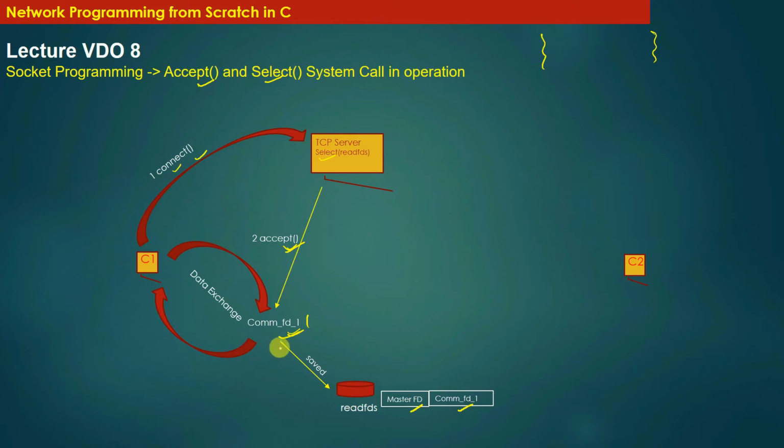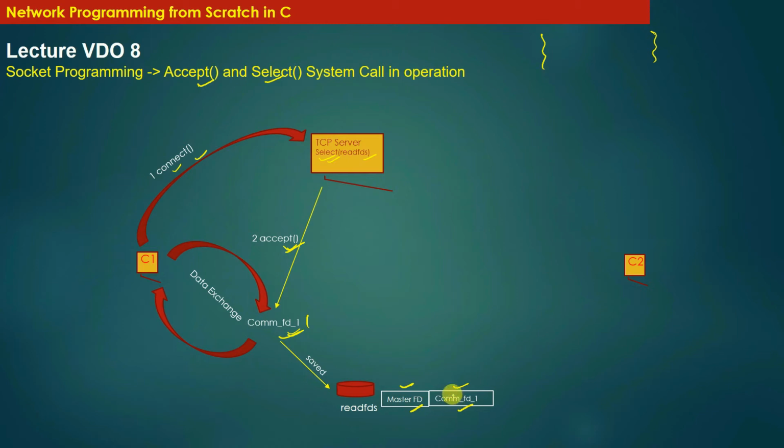Now at this point of time, the server is again blocked on the select system call, and the read FDS set now has two file descriptors, that is the master socket file descriptor and the communication file descriptor of client C1.